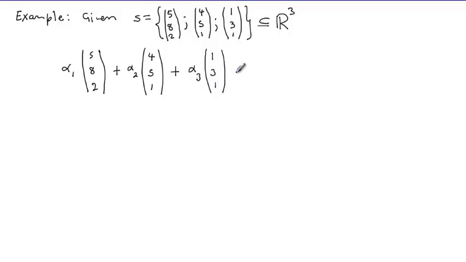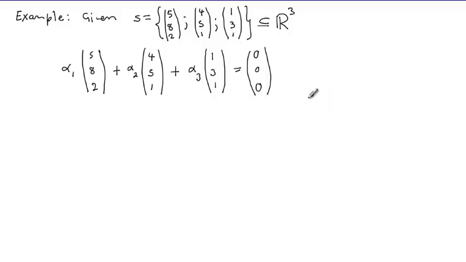In this case, we're expressing the 0 vector in R3 as a linear combination of the vectors given. So to determine whether this set is linearly independent, we must establish that alpha 1, alpha 2, and alpha 3 are all equal to 0. Otherwise, we'll say that the set is linearly dependent.